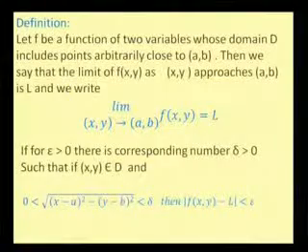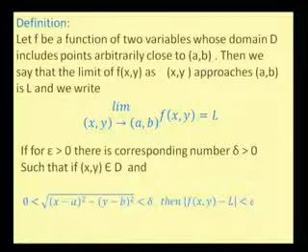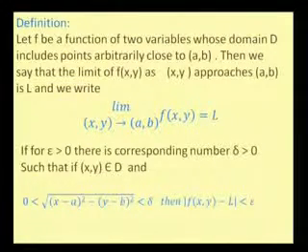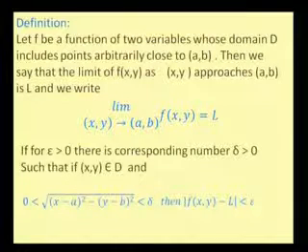The definition is like this: let f be a function of two variables whose domain D includes points arbitrarily close to (a, b).